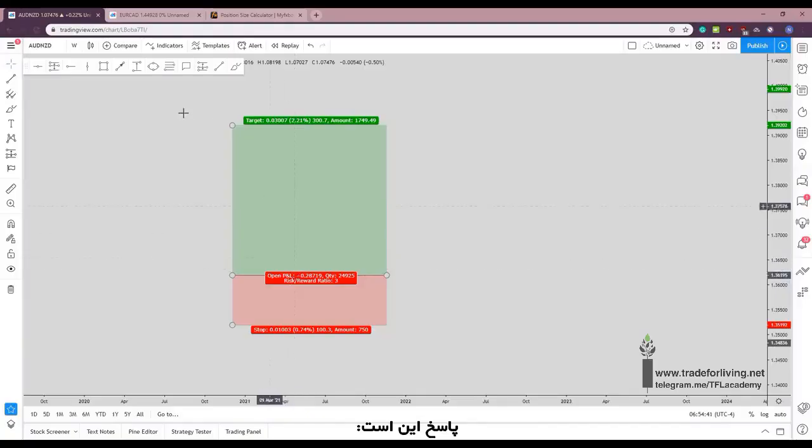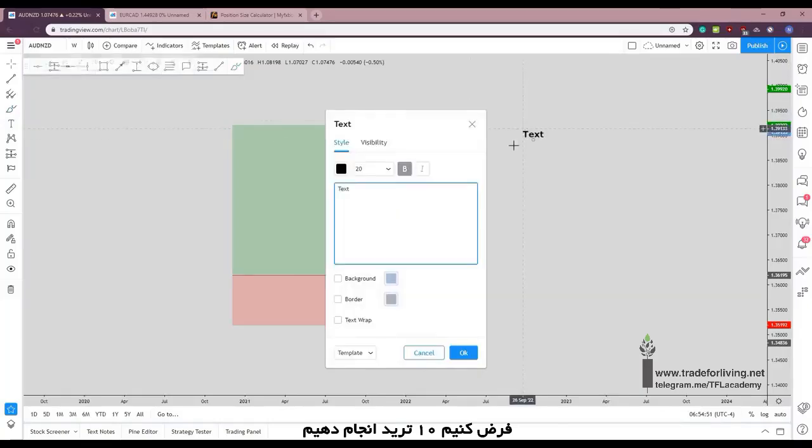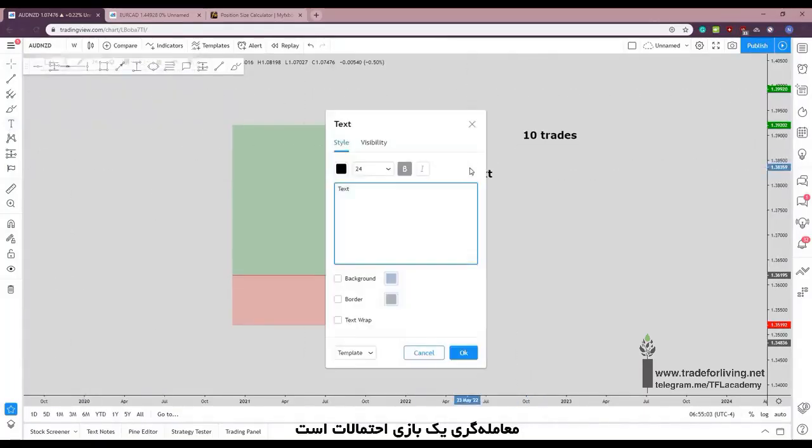The reason for this is because if, for example, we take 10 trades, and obviously trading is a game of probabilities, so you won't be right all the time.